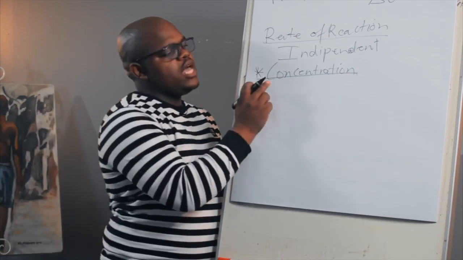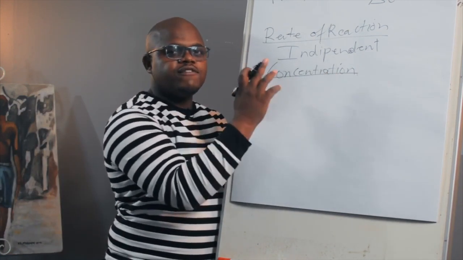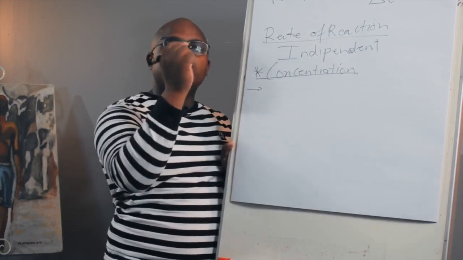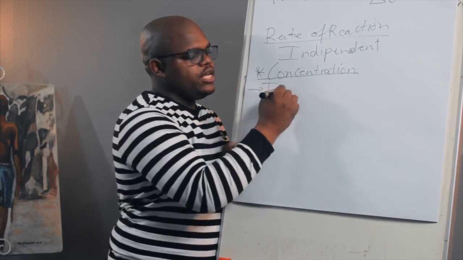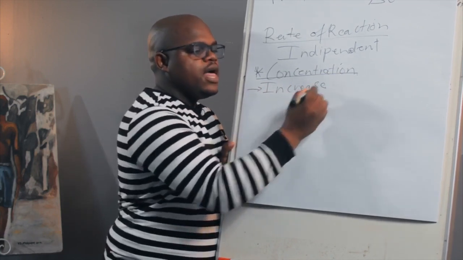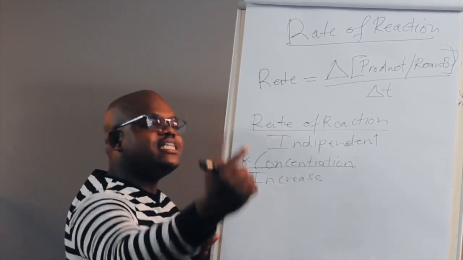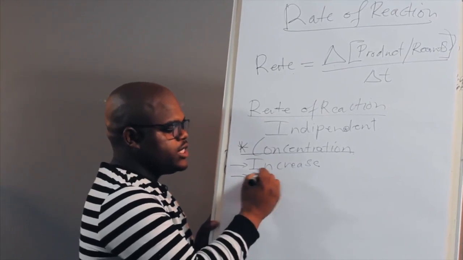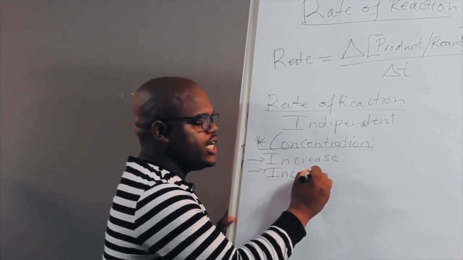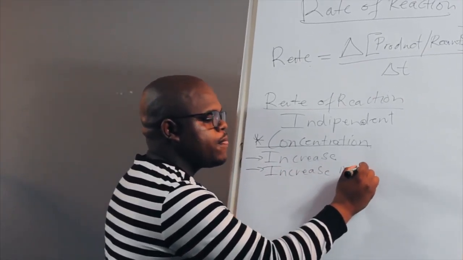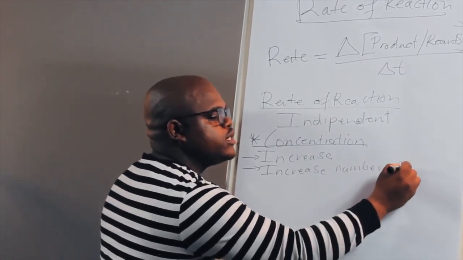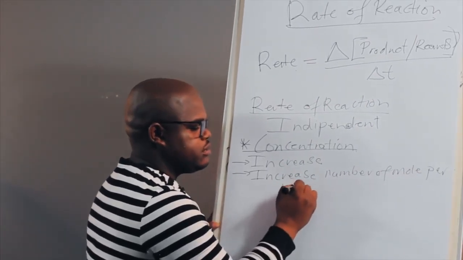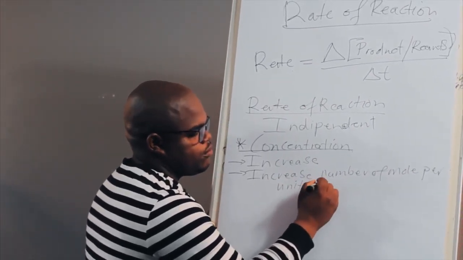Okay, now let's check. When we have concentration as our factor, how does it affect rate? Number 1, if we increase concentration, the increase in concentration always increases the number of what? Of moles per unit volume.